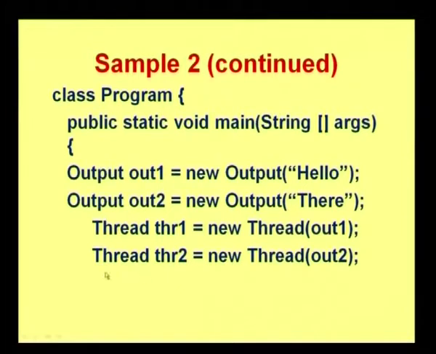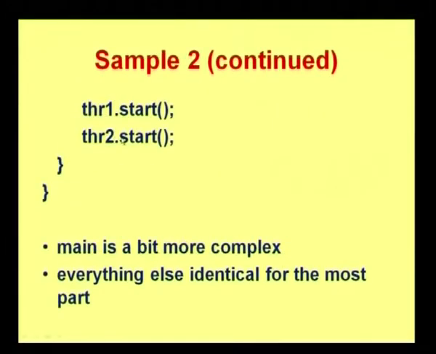Similarly, you can see there is another thread which is using the other object. Both of them have the run method, and this run method will be run from the particular thread instance that we have created. Now I can just make the thread start.